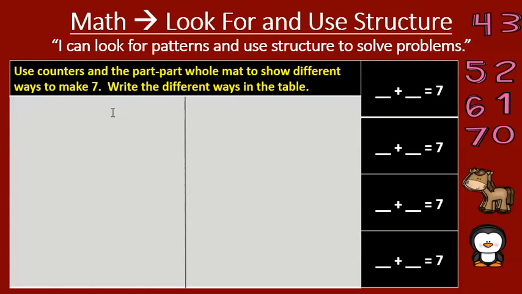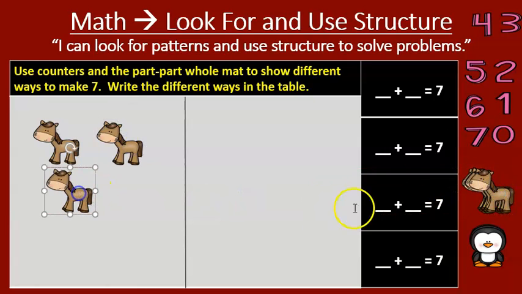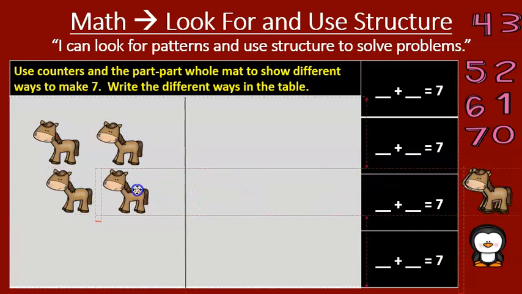Now, to help you get started, let me do one with you. Let's just do this top one. Let me help you get started, okay? Now, these 2 numbers have got to equal 7. So let's do it. Let's use these horses and the penguins again. Let's try it. Let me just put 4 in here. 1, 2, 3, 4.